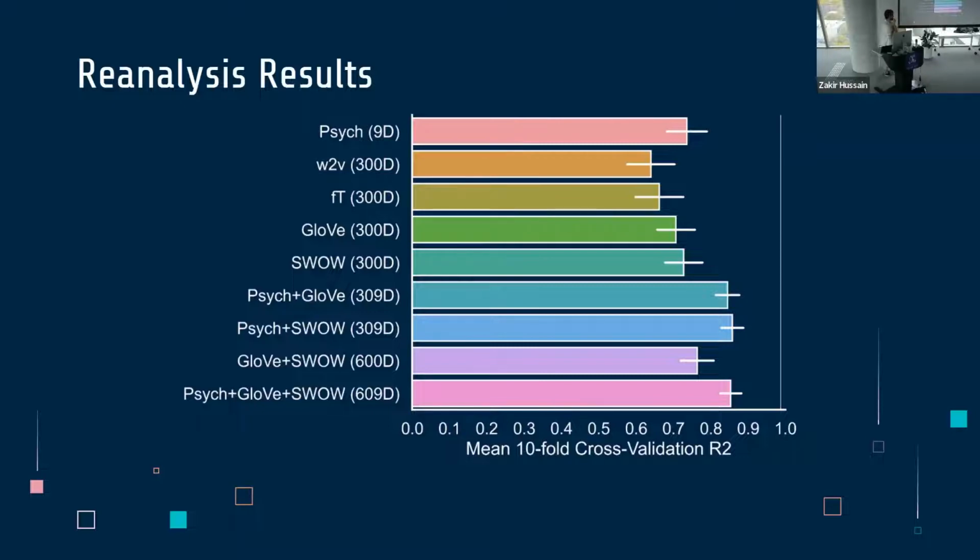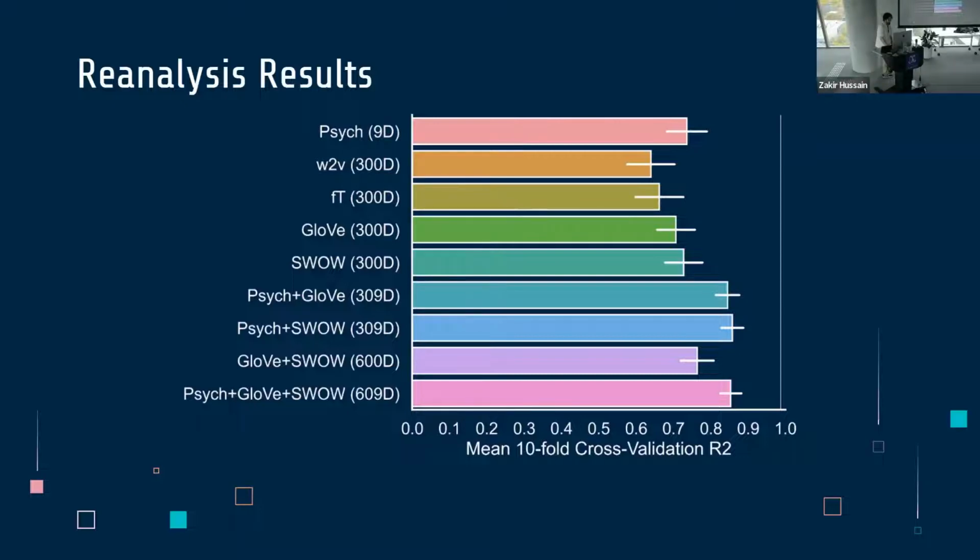One reason might be that there's some redundancy between the models and there's some overlap. But another reason might just be that our training set is too small, and that we're running into issues where we have 609 dimensions predicting 306 samples. And if we were to have a larger training set, then we might be able to improve the performance of the largest ensemble model and the other models as well.